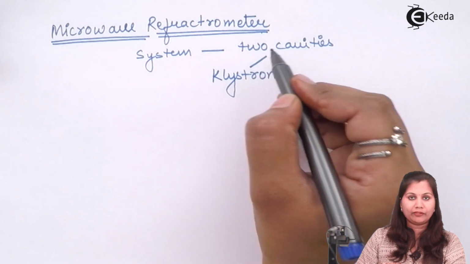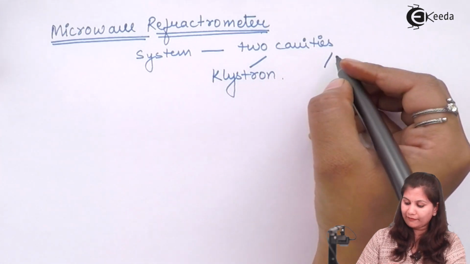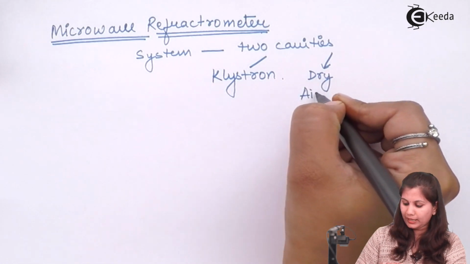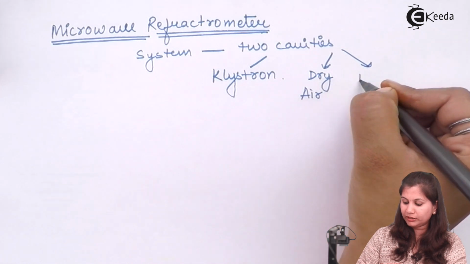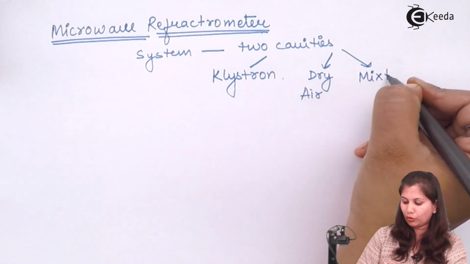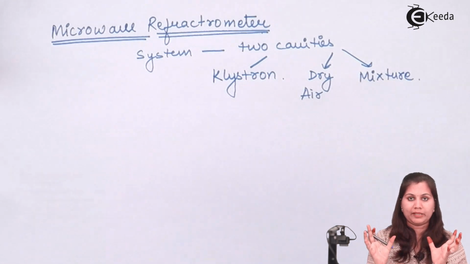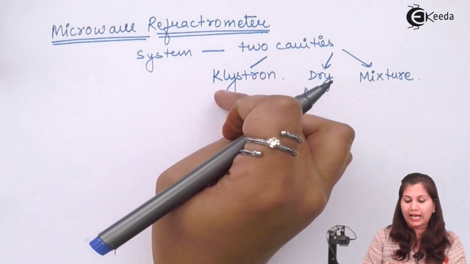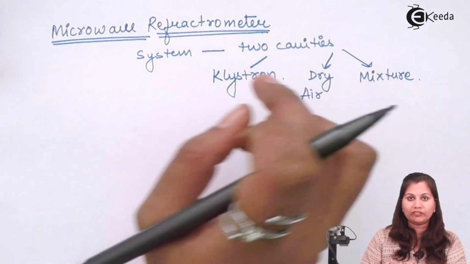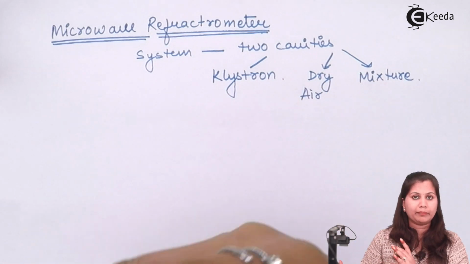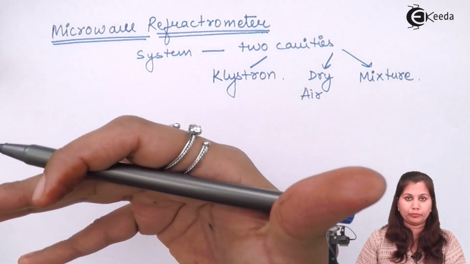Because we have two cavities, one cavity has dry air and the other cavity has the mixture whose humidity we want to measure. Both of these cavities have a klystron.